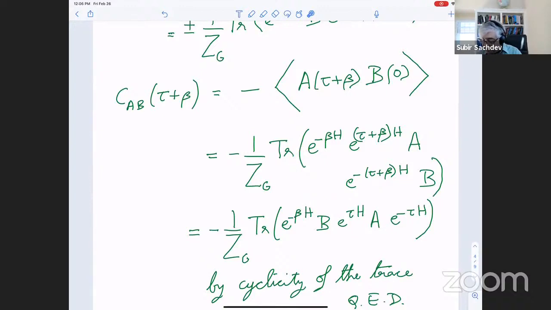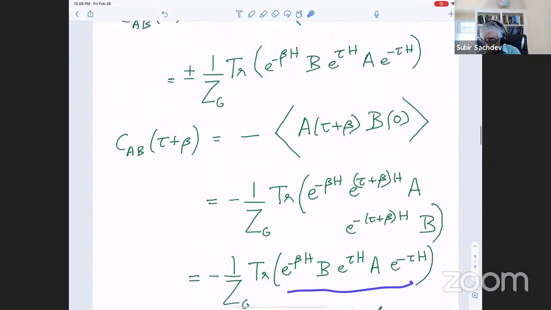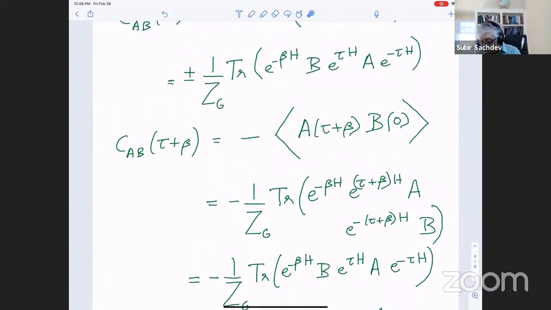So when you do that, you get an e to the minus beta h times B, and the e to the minus tau h is still left over. And then because h commutes with itself, and we also use that property here, we can just combine these two and make that e to the tau h. And then you're done. Now you can see this expression is basically exactly that expression.